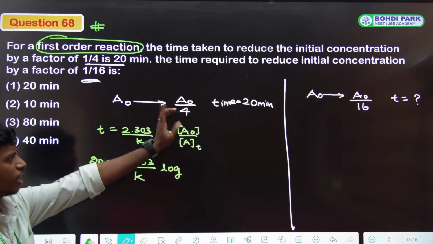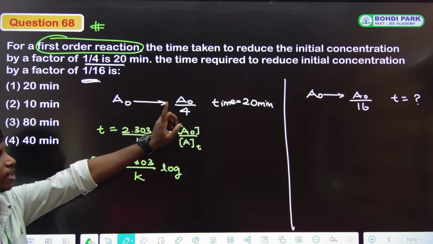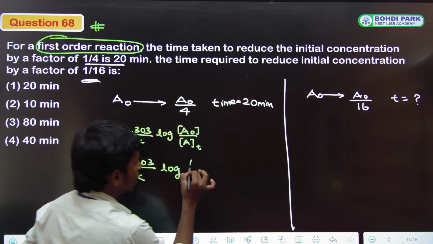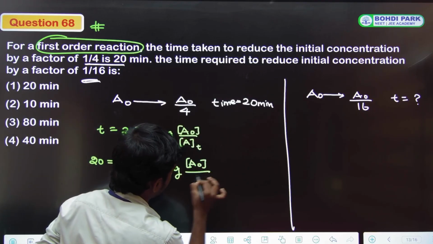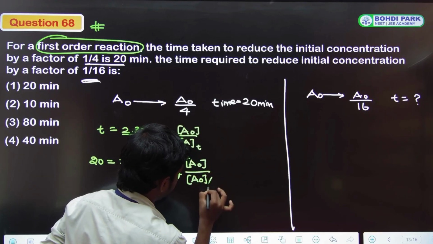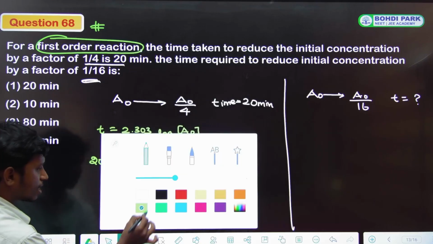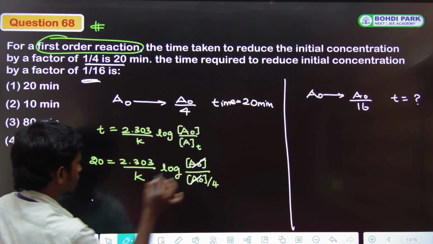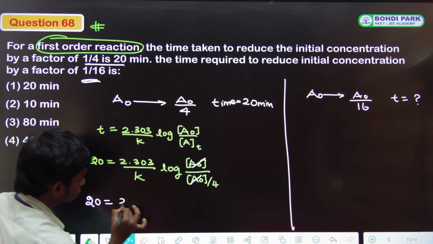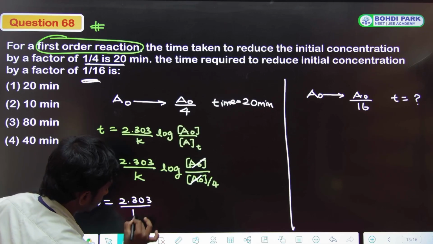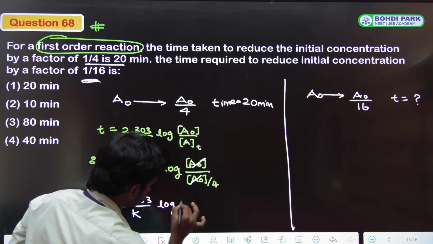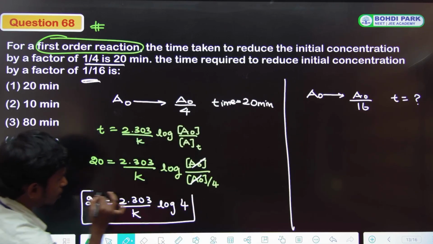Let's replace A at time t with A naught by 4, so A naught will cancel. So 20 is equal to 2.303 divided by K log 4. This is my equation 1.